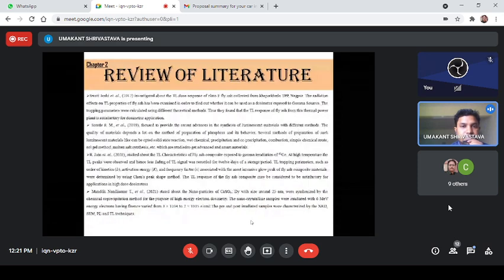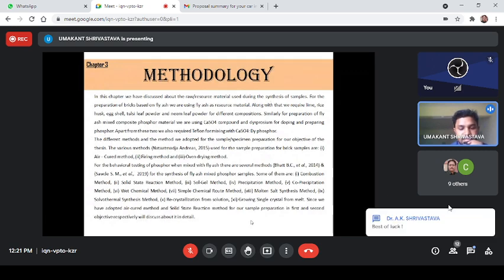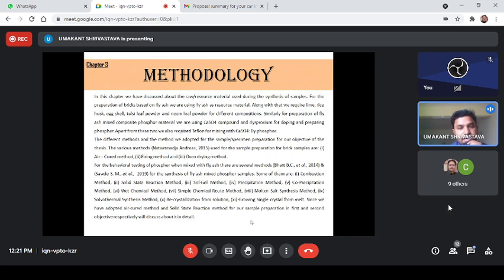Now, in the next chapter, that is methodology, we have discussed the various methods for performing our two objectives. In the first objective, we have taken the air-cured method for preparation of eco-friendly bricks, while in the second objective, we have used the solid-state reaction method for testing fly ash behavior with the composite phosphor.